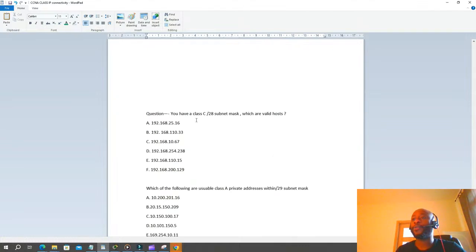You have a class C /28 subnet mask, which are valid hosts? For you to be able to calculate that, you have to say 32. There's a formula where you use P as the prefix here.